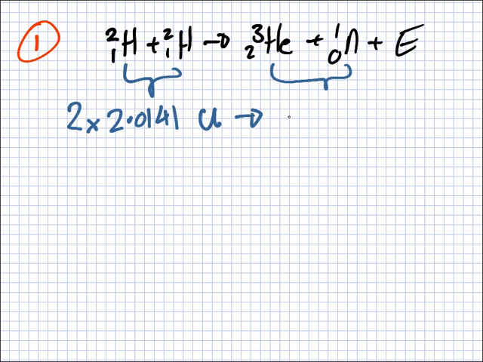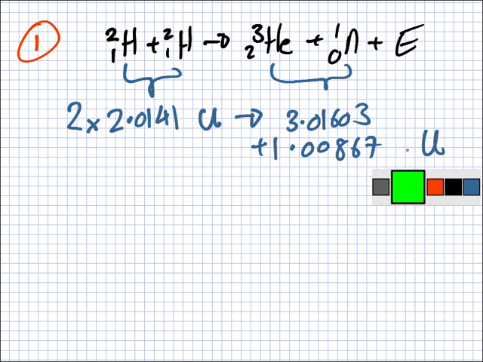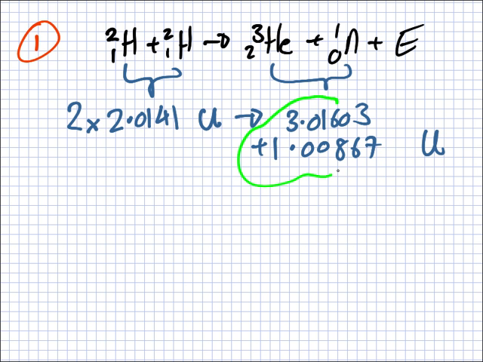What's the helium one? 3.01603, is it? Plus 1.00867 AMU. Which will be bigger? This or this? First one.